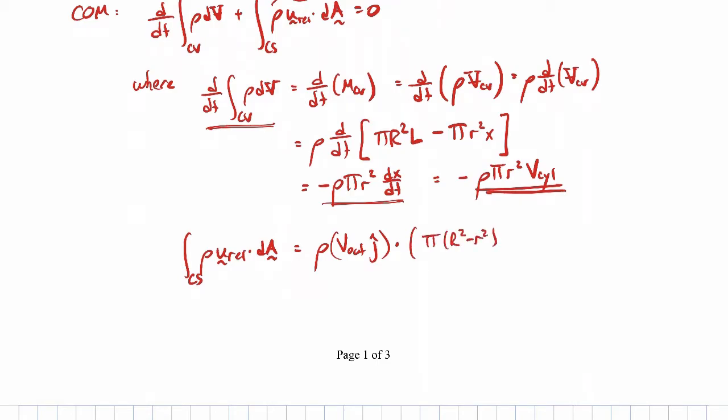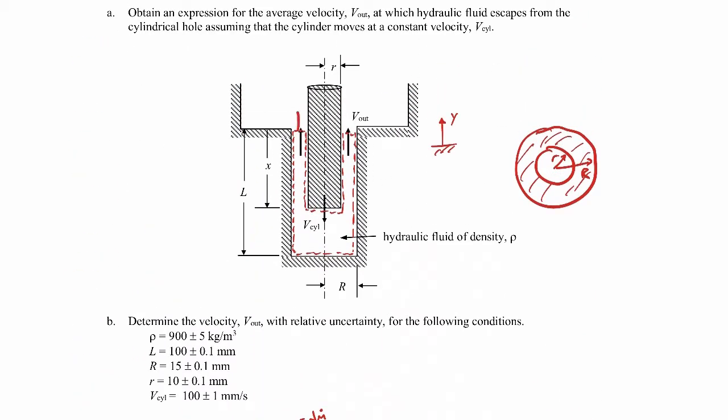And that's also in the j hat direction, because that normal vector for that area is pointing outward. So it's just pointing in the positive y direction. Remember, for the areas, we use an outward pointing unit normal vector. So here's my control volume. So pointing out here is in the upward direction.